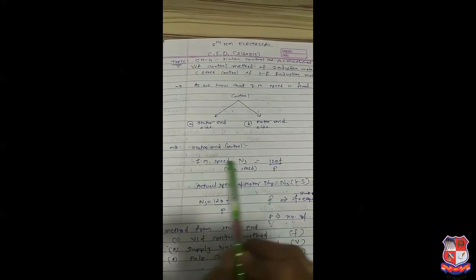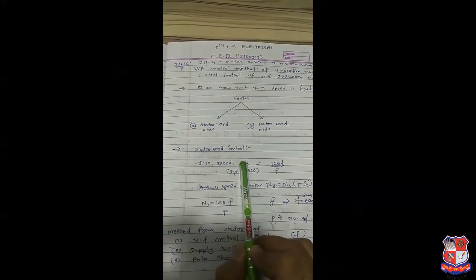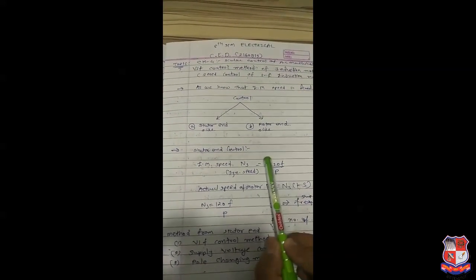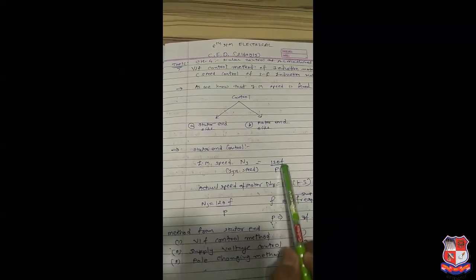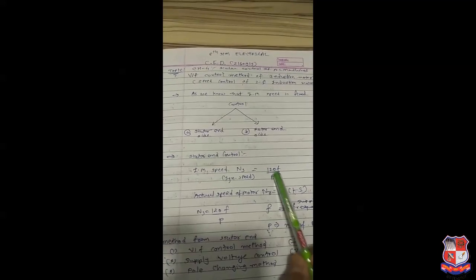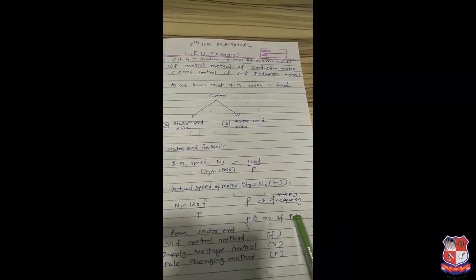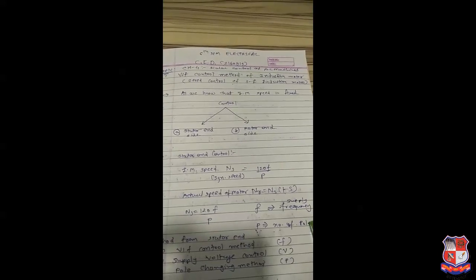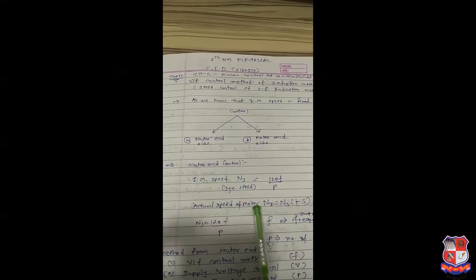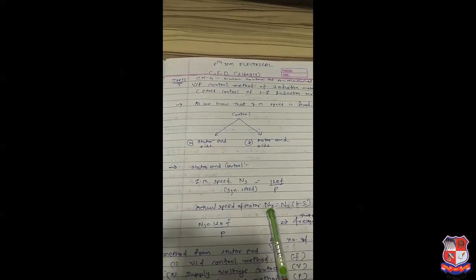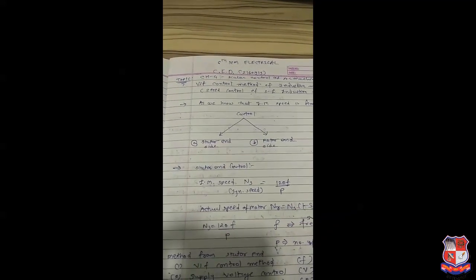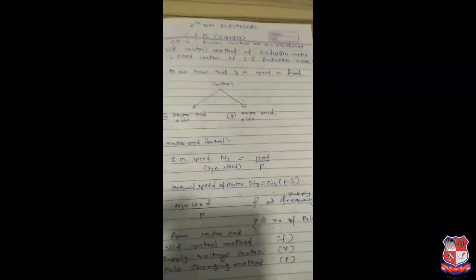The speed equation, the synchronous speed equation, is governed by 120 F by P, where F is the frequency parameter and P is the number of poles of the machine. The actual rotor speed, NR, is equal to NS into 1 minus S, where S is the slip of the induction motor.